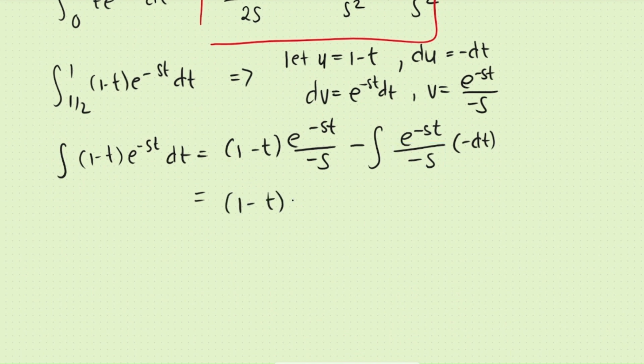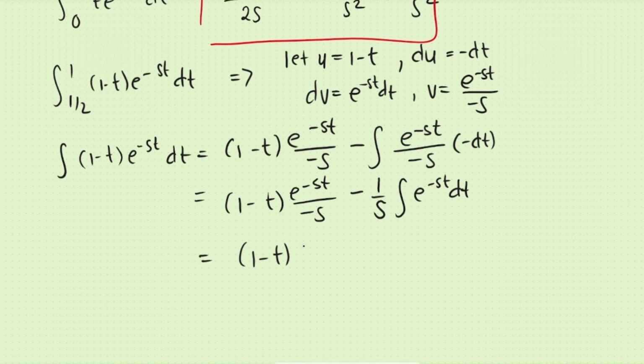So (1 minus t) e to the negative st over negative s plus, no, it's not plus, it's still negative, because negative times negative is positive. So we just forget about these, and we let this s come out of the integral, e to the negative st dt, because negative is negative, right?